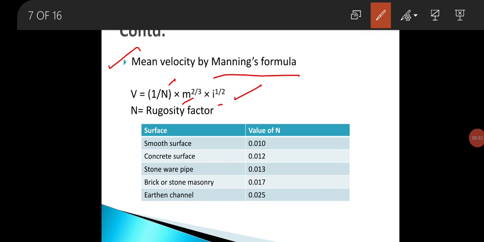For smooth surface, the value of N is 0.010. For concrete, it is 0.012. For stoneware pipe, it is 0.013. For brick or stone masonry, it is 0.017. For earthen channel, it is 0.025.